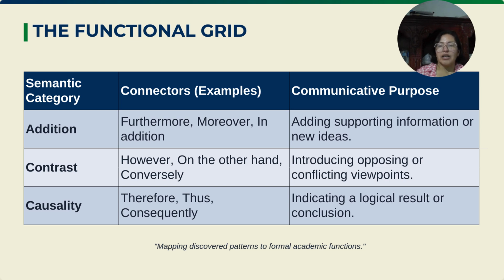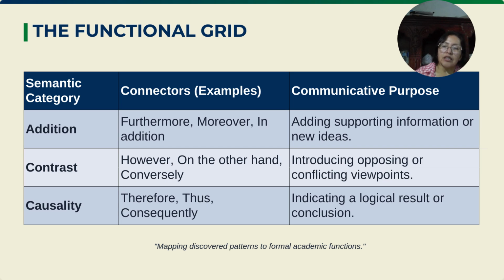Now, to organize our discoveries, we use the functional grid. We classify our connectors into their semantic categories. First, addition. Its purpose is adding supporting information, using words like furthermore or moreover. Second, contrast.